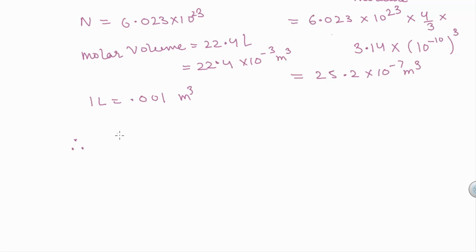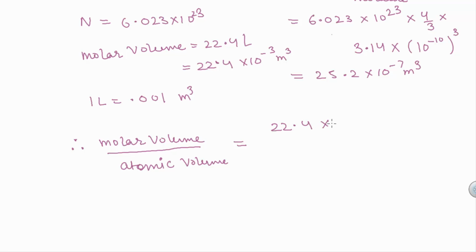Therefore, ratio between molar volume and atomic volume is equal to 22.4 into 10 to the power minus 3 divided by 25.2 into 10 to the power minus 7, which is equal to 0.89 into 10 to the power 4, or nearly equal to 10 to the power 4.